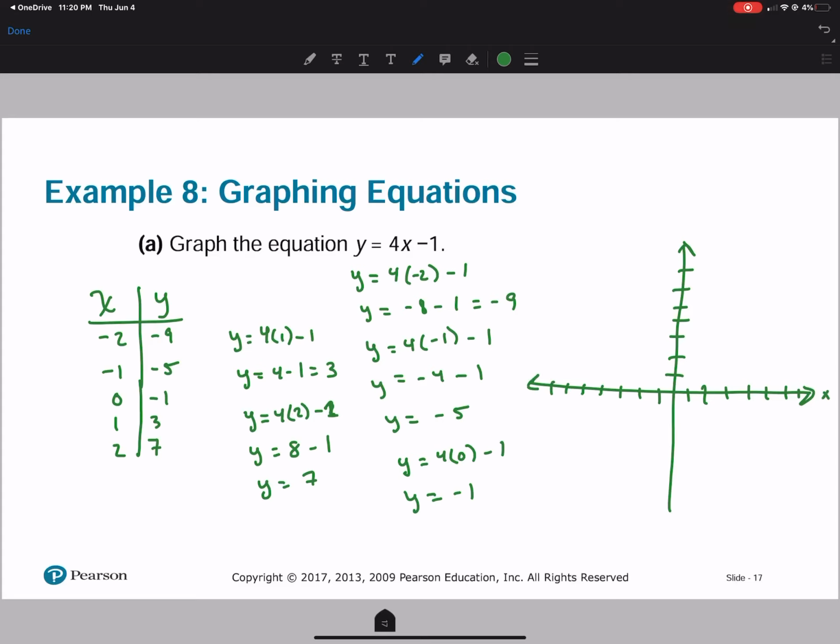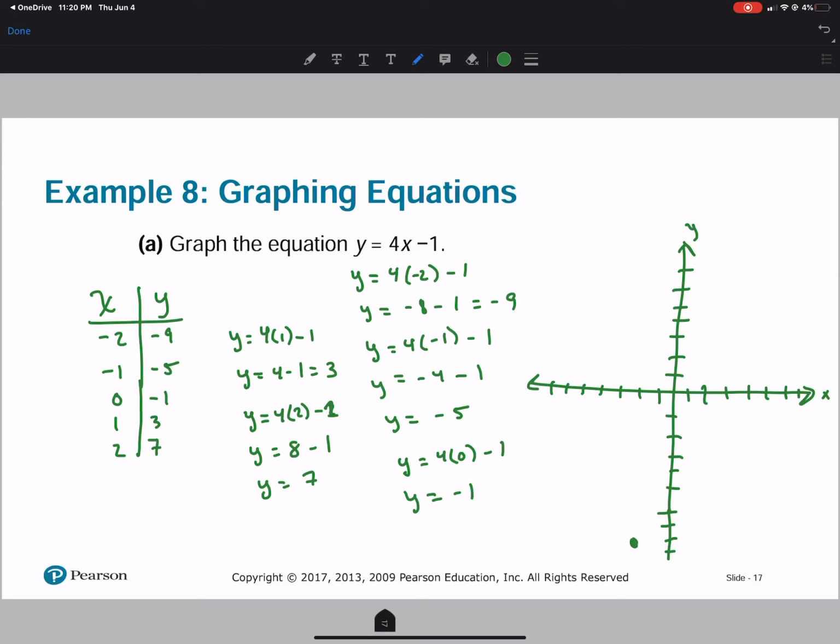So this is your X, and this is your Y. My first one is -2 and -9. So I need to keep going down this way. I know my -2 is here, and let's say 1, 2, 3, 4, 5, 6, 7, 8, 9. So it'll be around about here.